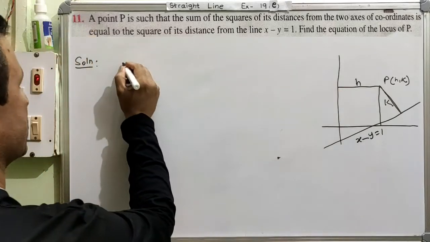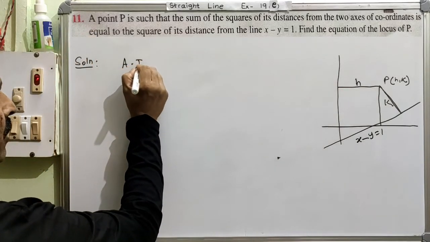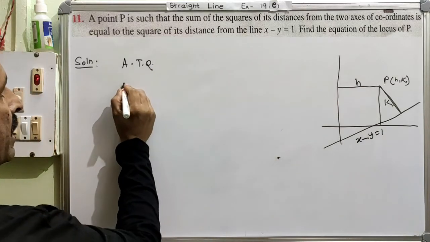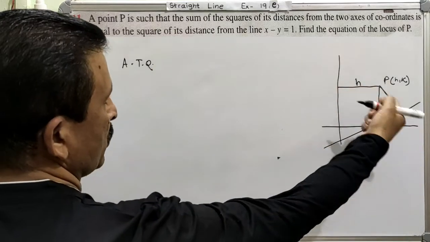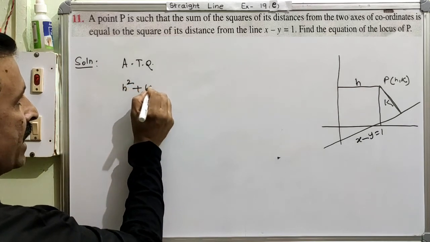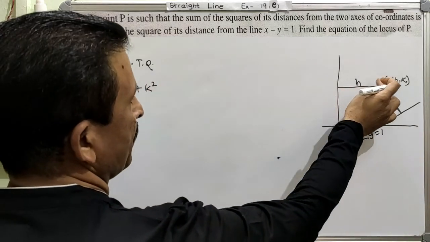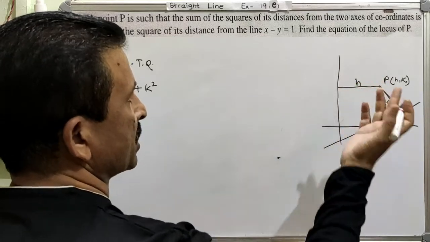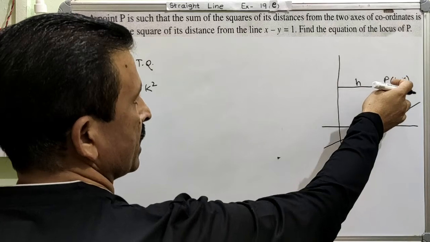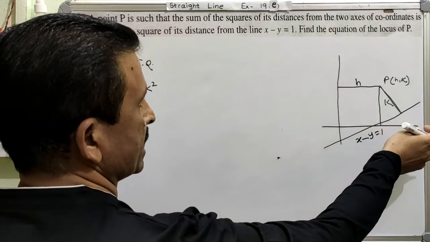So according to the question, the sum of the square of the distances from the two axes means h square plus k square. The distance of this point P from the y-axis is straightaway h only, so we will have the square. And the distance of this point P from the x-axis is k.